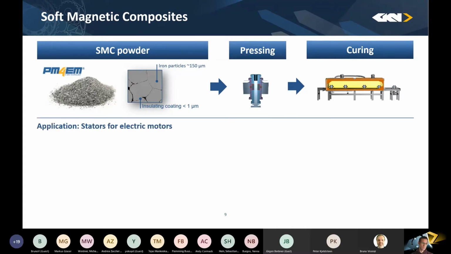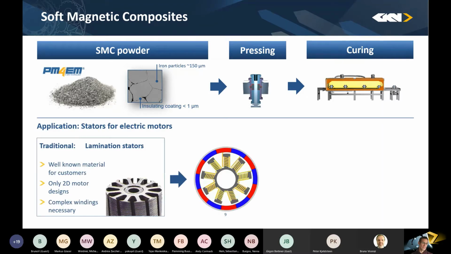Where is it used? The most common application is e-motors or generators. There, the core or key competitor to our technology is the laminations, the metal sheets, which most of you will know have existed for more than 150 years in the market, and which is very well known, but which has a big drawback that they can only be designed in two dimensions, at least if you want to build commercially effective motors.